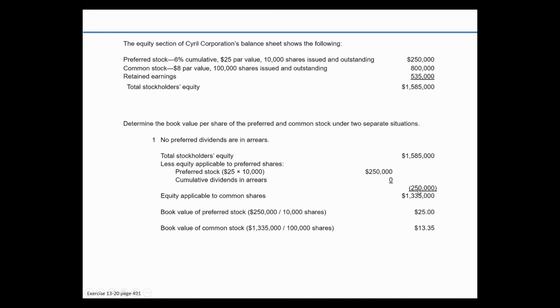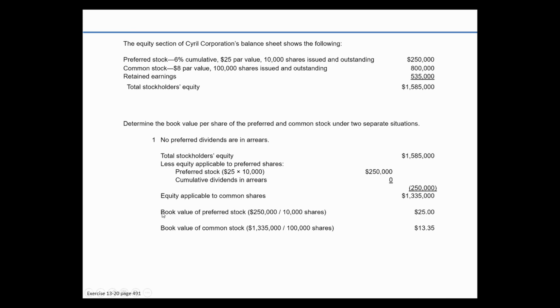So we'd take 250,000 and subtract that from the total stockholders' equity of 1,585,000. That gives us the equity applicable to common shares of 1,335,000.